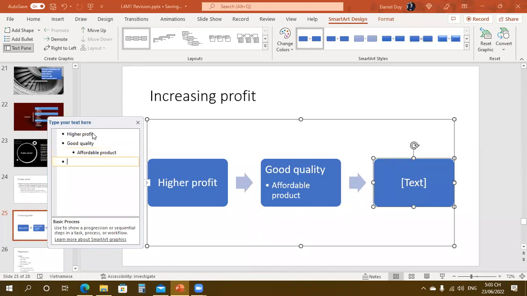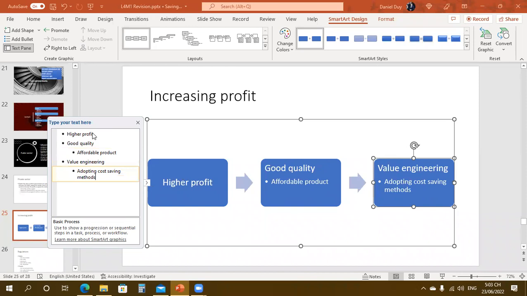We can do some kind of value engineering, or adopt some cost-saving method like lean, like Janita, or we can produce a good quality specification.